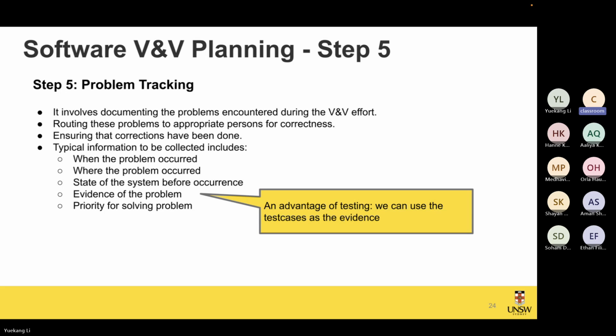If we find a bug by manual inspection, then we have to write some paragraphs to describe the bug, to try to describe it clearly, to try to convince the developer, okay, there's a bug. But for testing, it's often very simple. We just need to show them the test case.